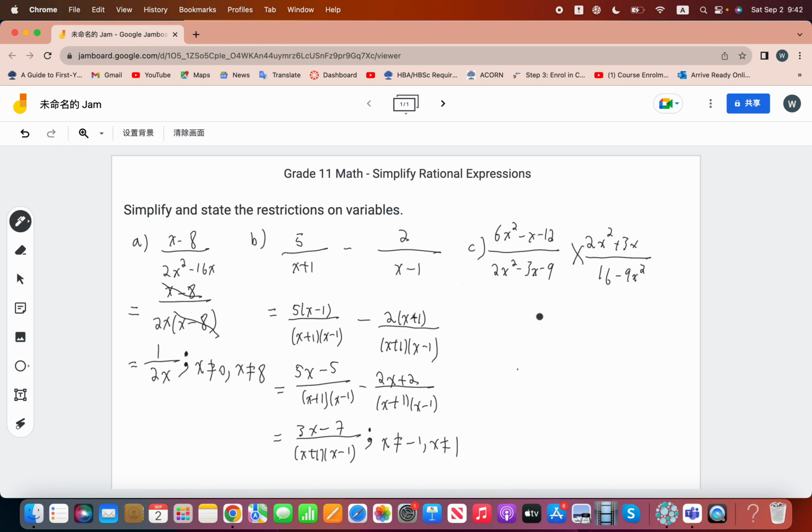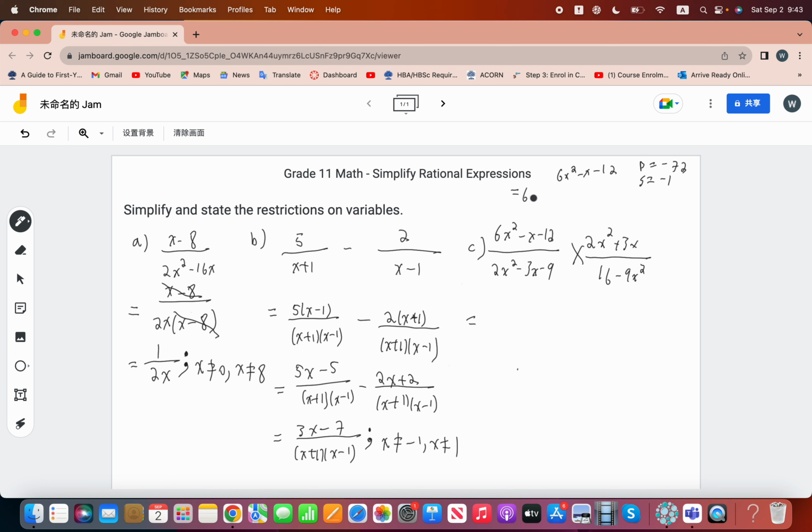Now let's do question C. The first step is to factor all the expressions. So the factored form for 6x squared minus x minus 12 is going to be, I need a product of minus 72 and a sum of minus 1.